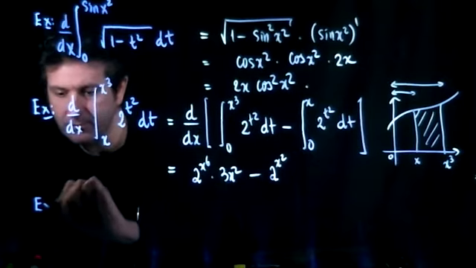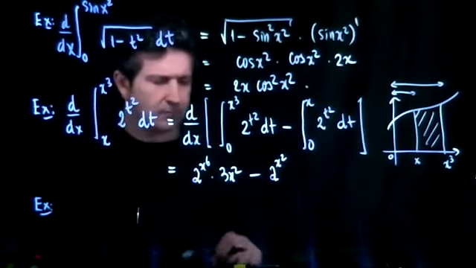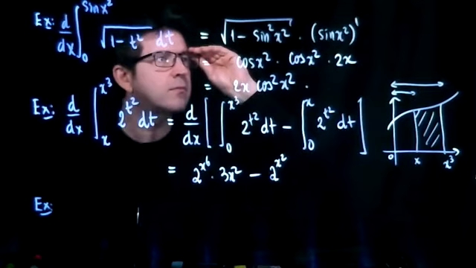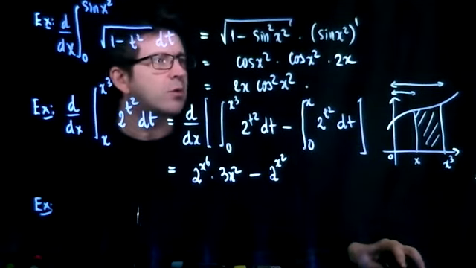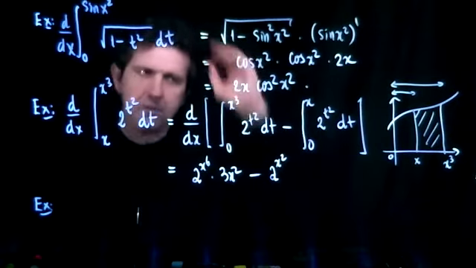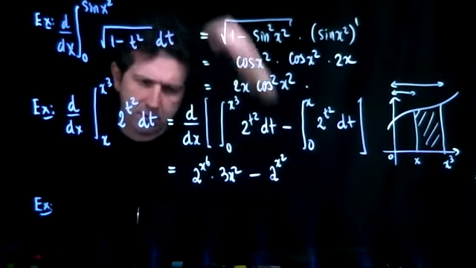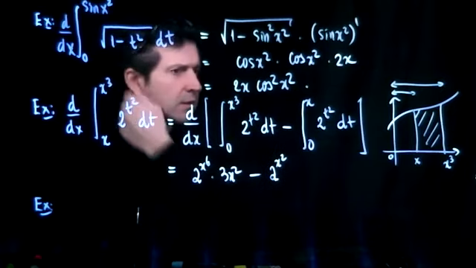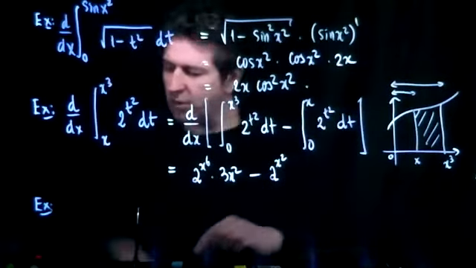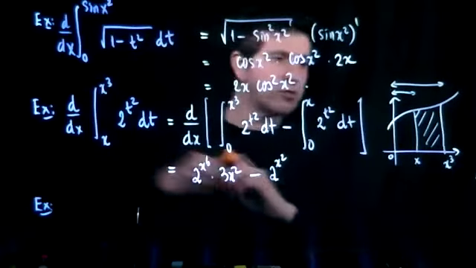Sir, do you mind just explaining why we do the step above that? Like why do we subtract two things? Why do we what? I'm sorry? Why do we subtract this here? Yeah, because I'm looking for this area here.